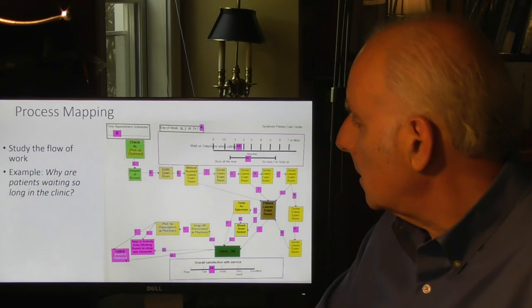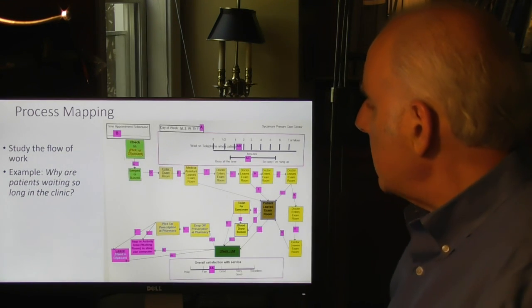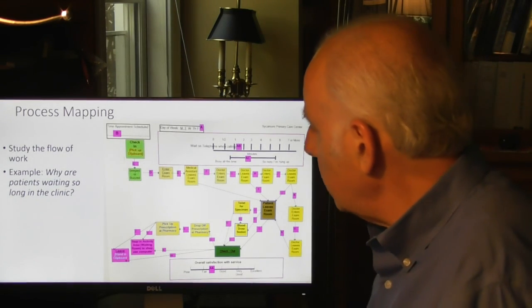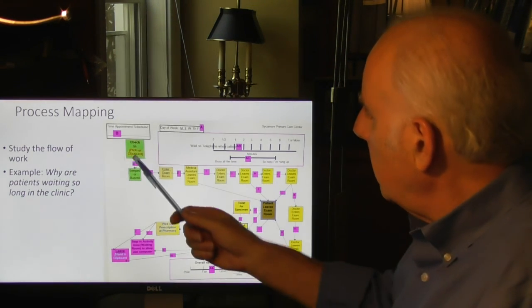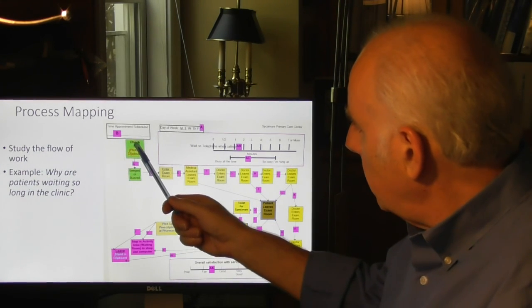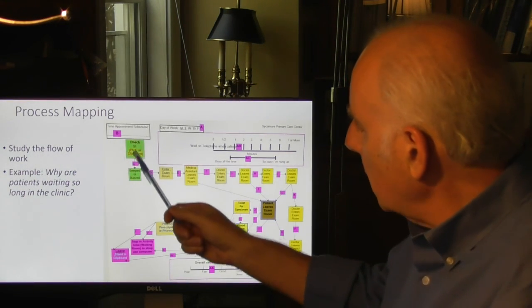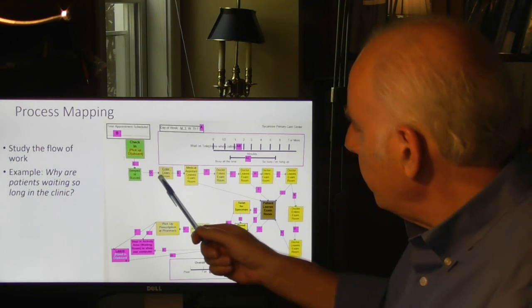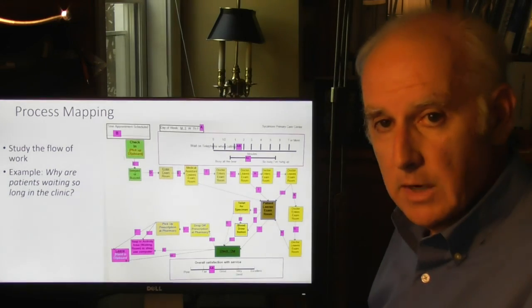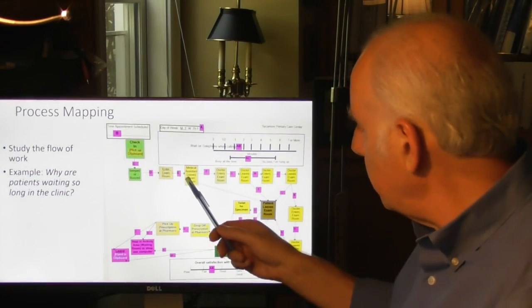And this is an example of a process map. I'm not going to take too long, but briefly mention to you, first of all, a patient would check in. And we took each step along the way. So then they would be called, they would enter an exam room, a medical assistant would bring them into that exam room and then leave them.